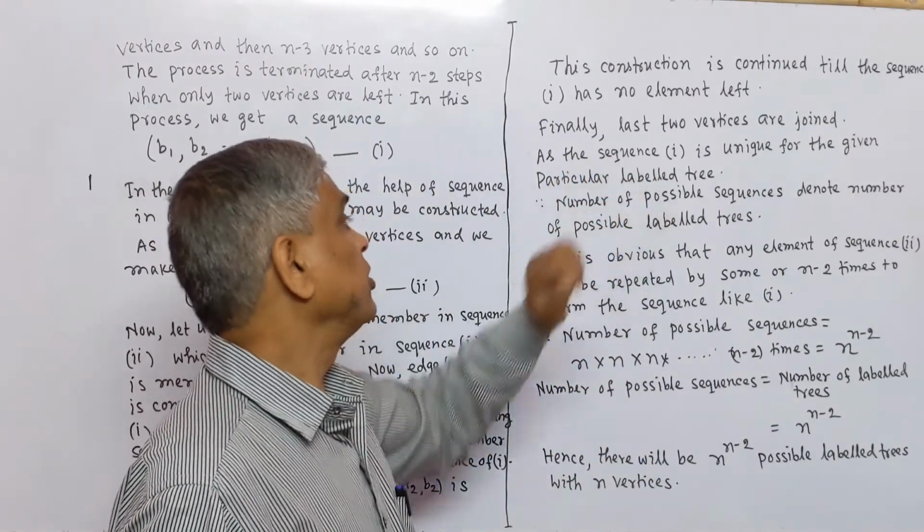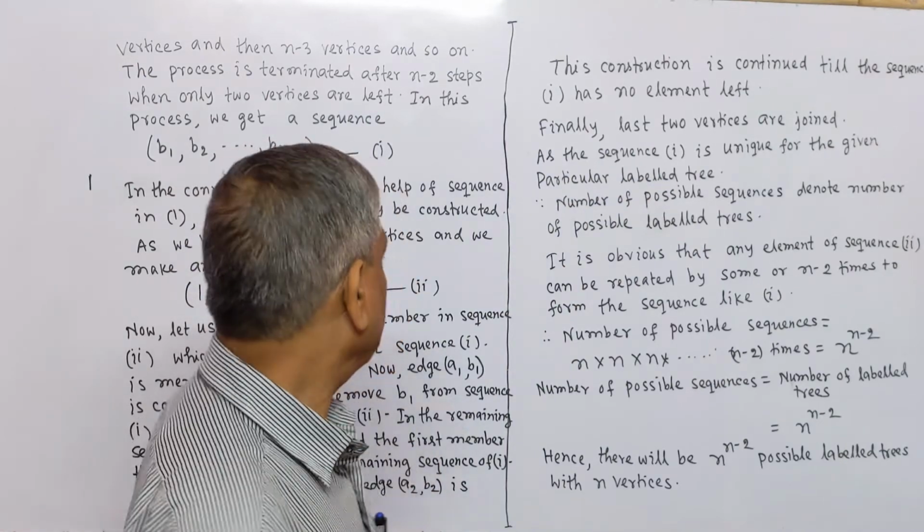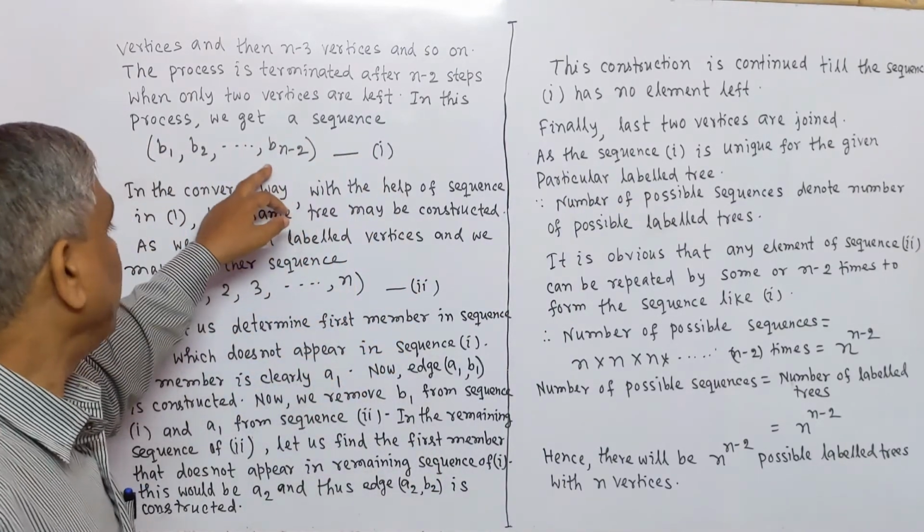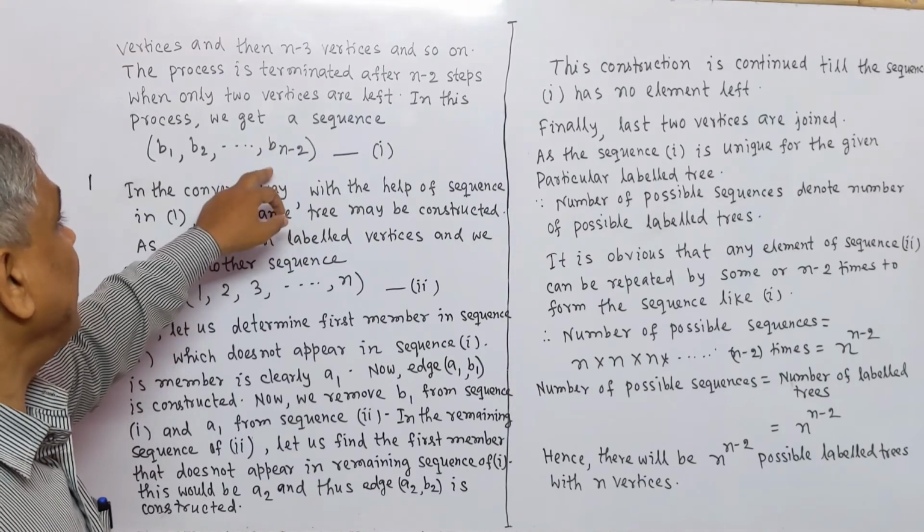As sequence 1 is unique, this sequence is unique for a particular labeled tree.